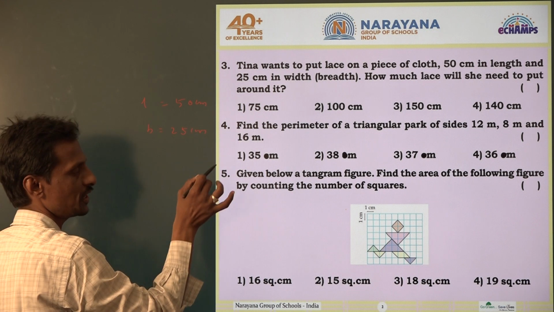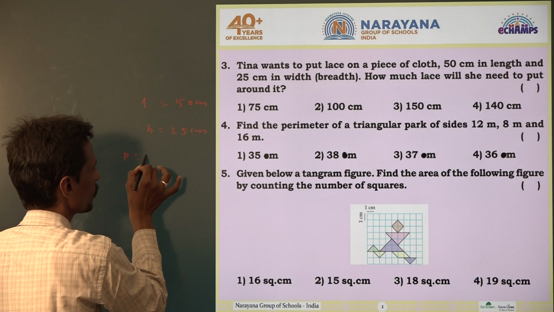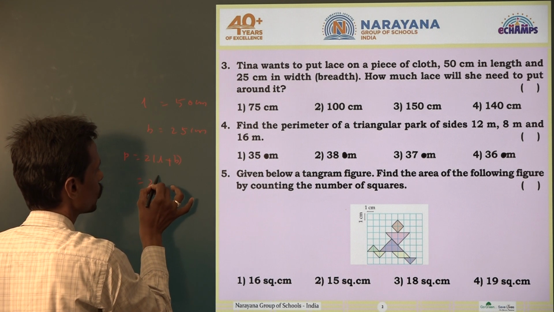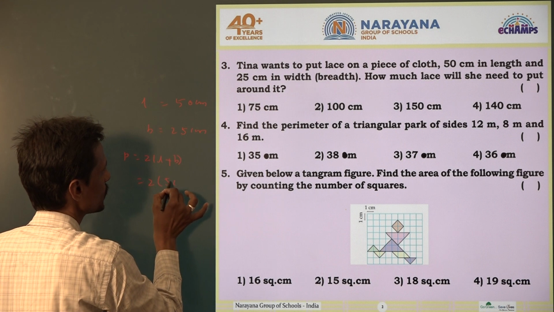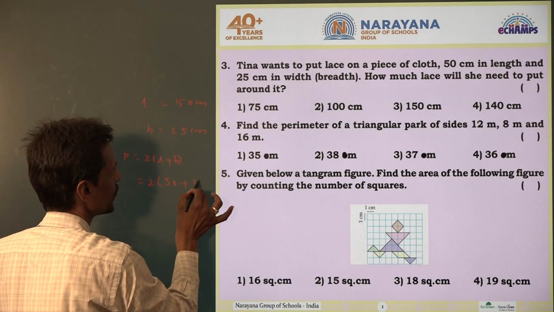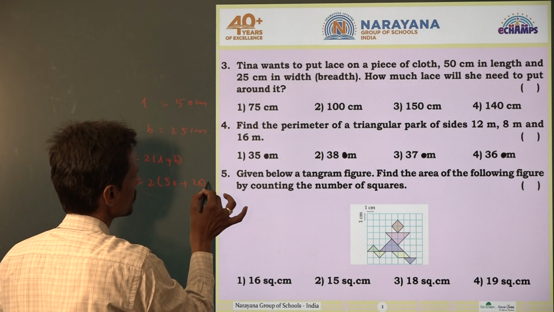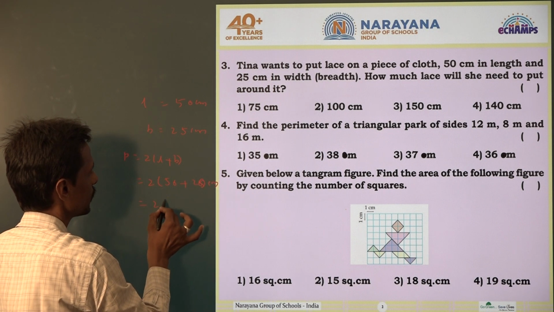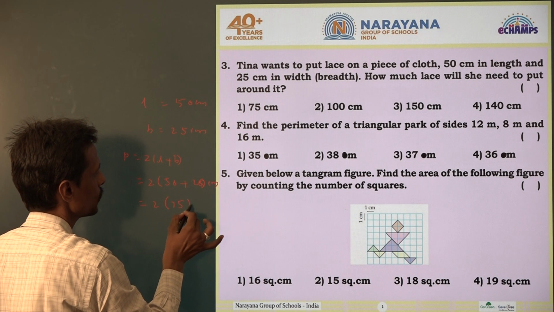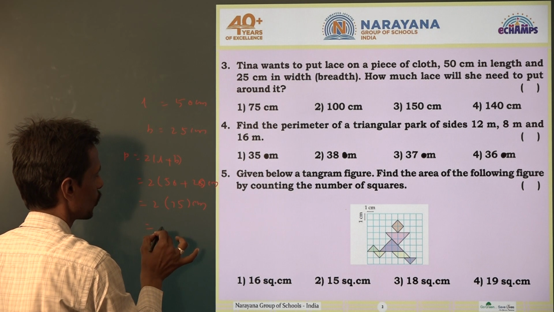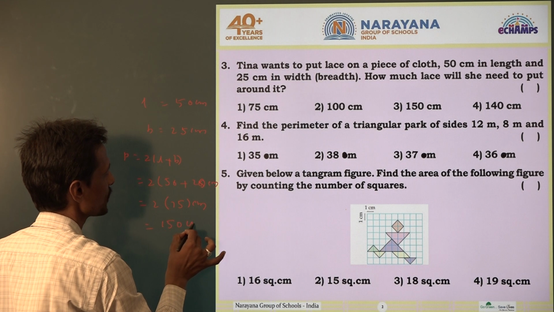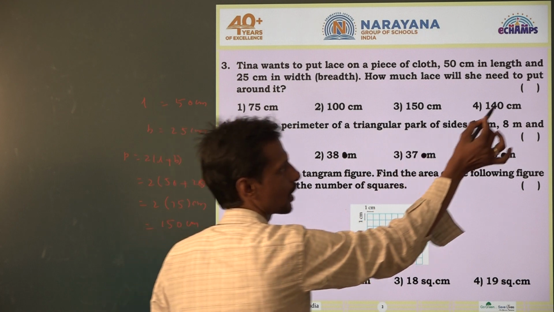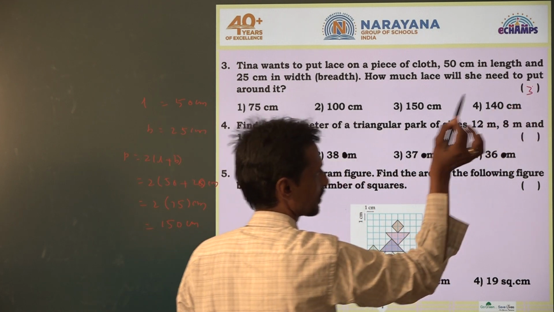Around it means perimeter. P is equal to 2 into (L plus B) is equal to 2 into (50 plus 25) centimeters is equal to 2 into 75 centimeters is equal to 150 centimeters. Here 150 centimeters is the third option. Right, the third option is the correct answer.